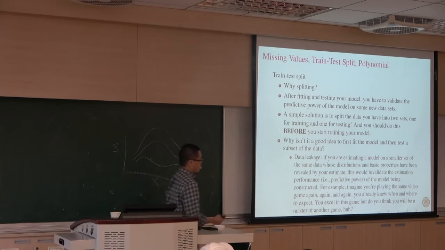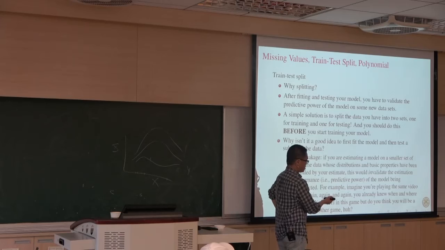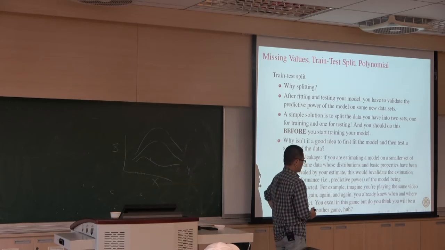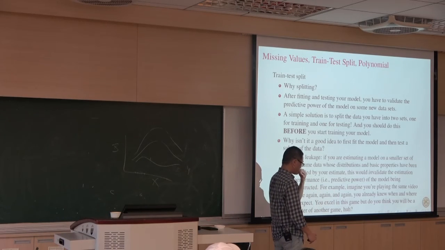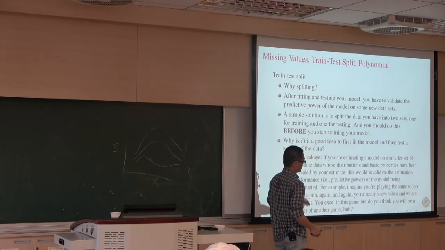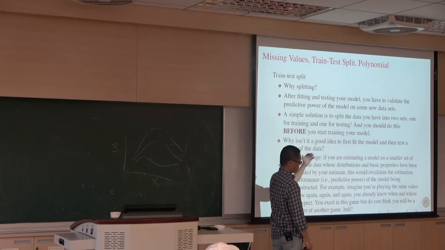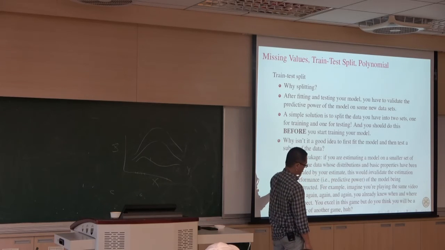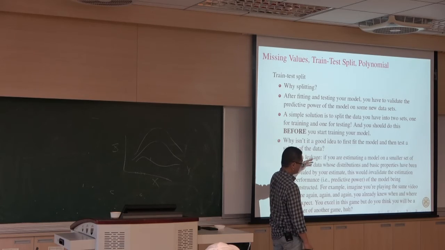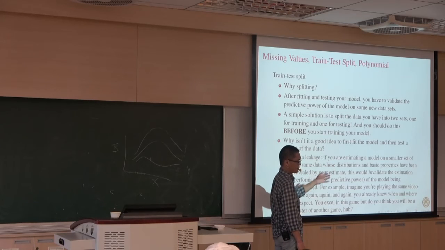So it's best that you estimate a model on the data without knowing the properties of the unseen data, and then you put the model that you trained on one data set to use, to predict the outcome variable for data that you haven't seen before.